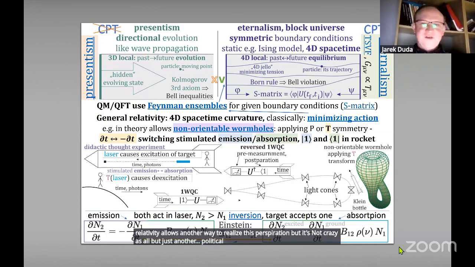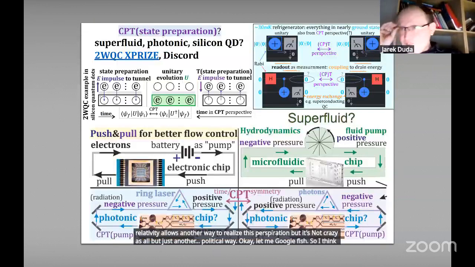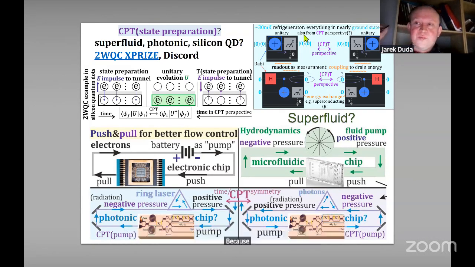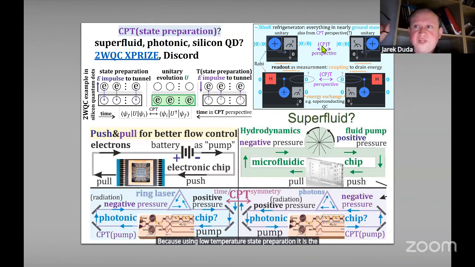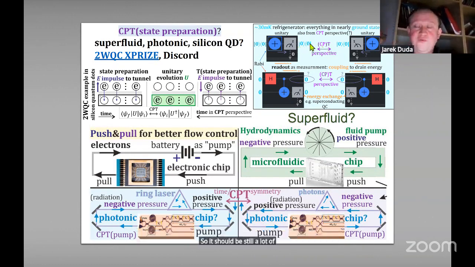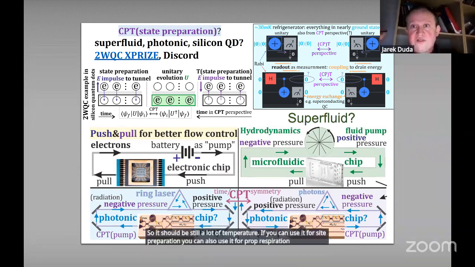Okay, let me finish. I think there are the most promising ways to realize a two-way quantum computer. One is superconducting, because using low temperature as state preparation is the same from the CPT perspective. Temperature doesn't change, so it should still be low temperature. If you can use it for state preparation, you can also use it for post-preparation.